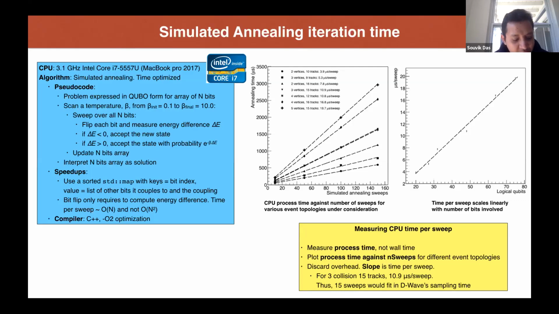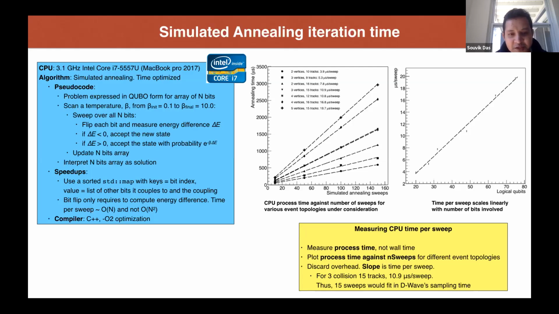We also tried to speed it up as much as we possibly could. We used a sorted map where the keys are the bit indices and the values are the other bits it is connected to and the couplings. This requires us to only compute energy differences where there is a bit flip, and not the whole thing. That reduces the time per sweep from order n squared to order n. We also use O2 optimization.